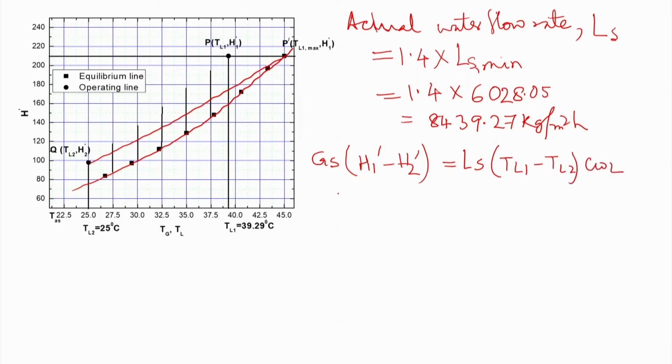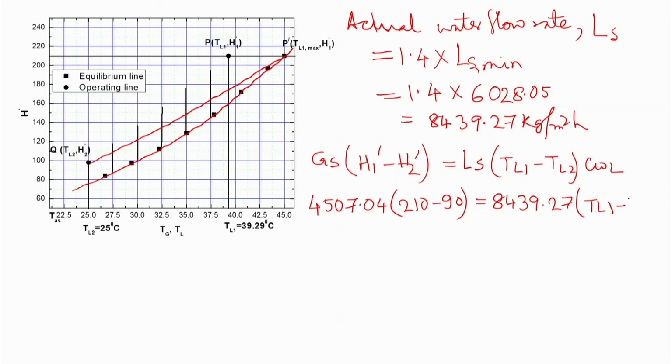Here Gs is equal to 4507.04 into 210 minus 98, is equal to LS, which is 8439.27 into, so we need to get the TL1, that is, the water temperature that is leaving the dehumidification tower.